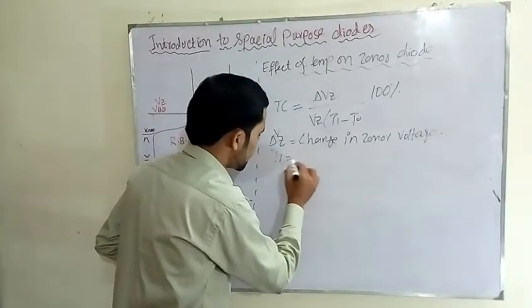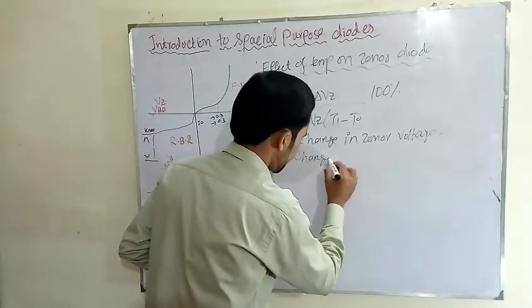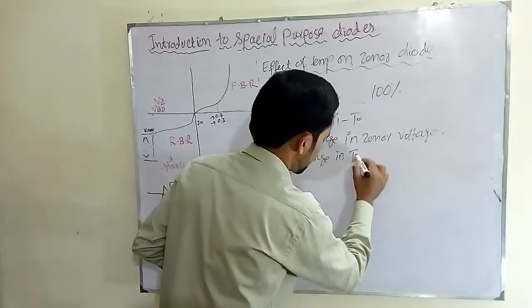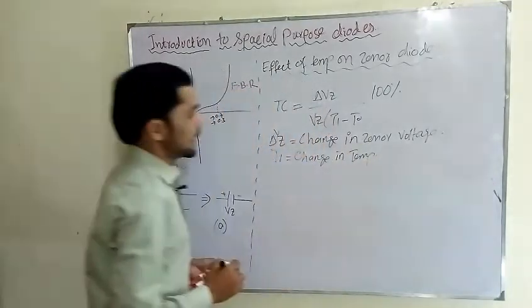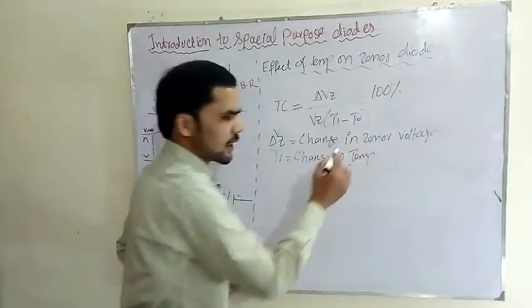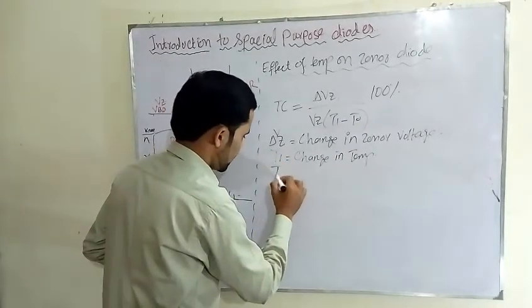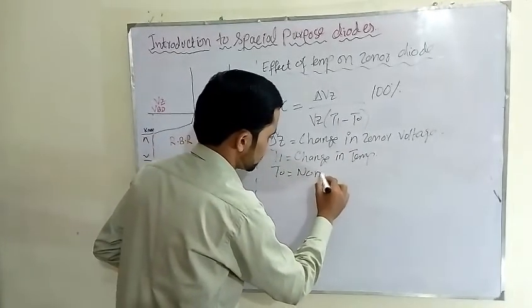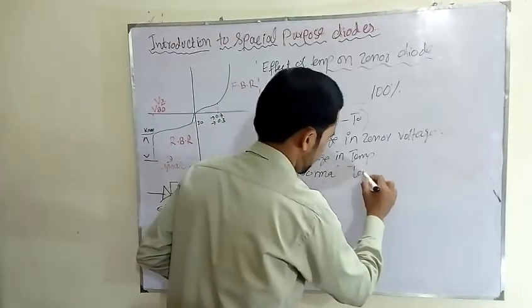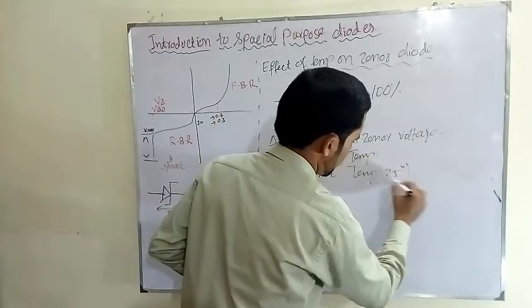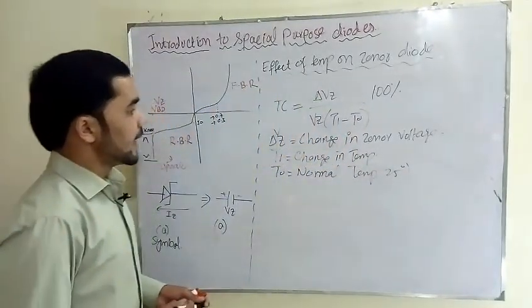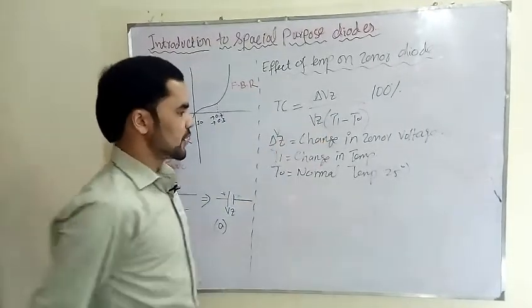T1 is the change in temperature. Second, T0 is the normal temperature of the room, 25 centigrade. And Vz is basically the Zener voltage.